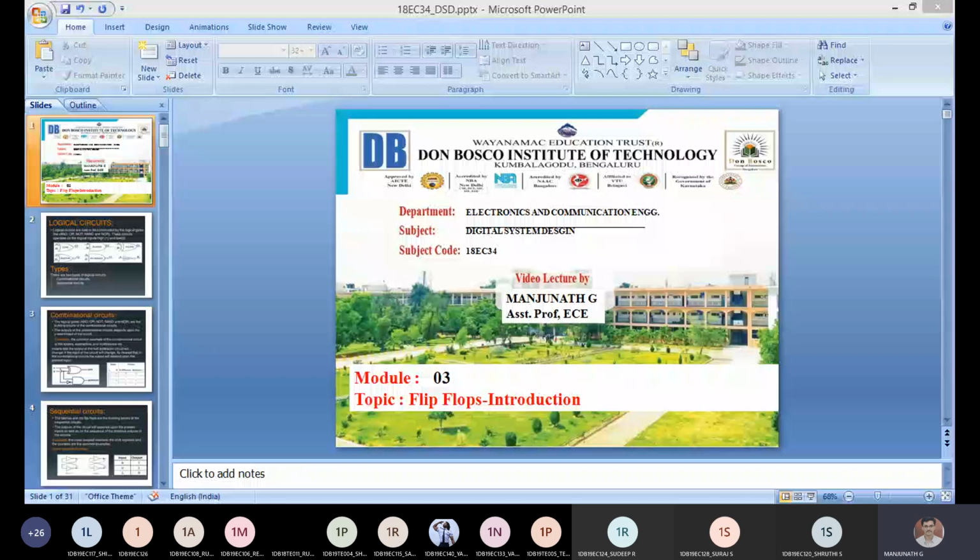You can look at the alignment, how it looks. If I take an inverter, two inverters are cross coupled like this. They are called a bistable element. I think I told you one word called bistable. What is the meaning of bi? Two.